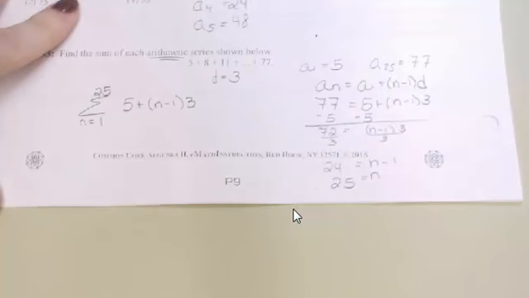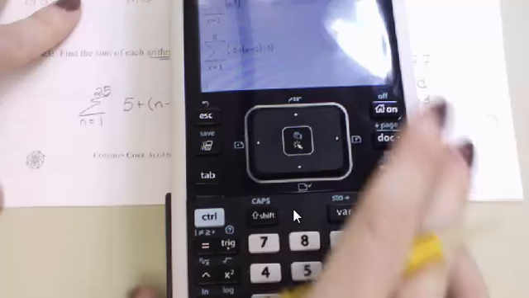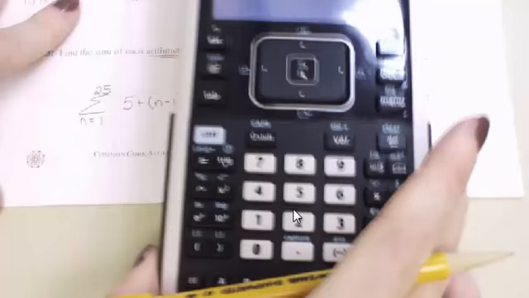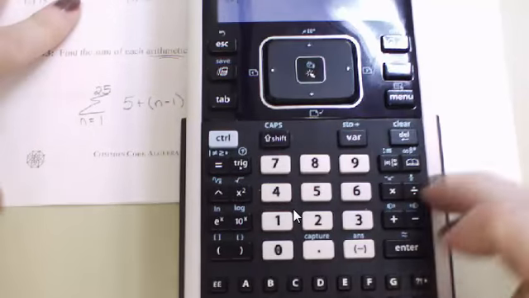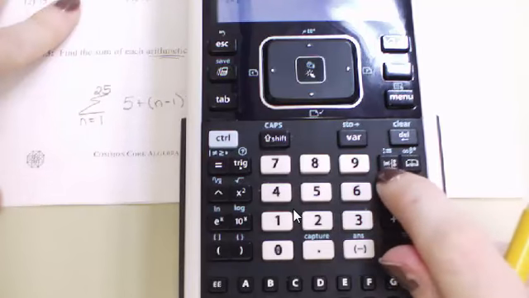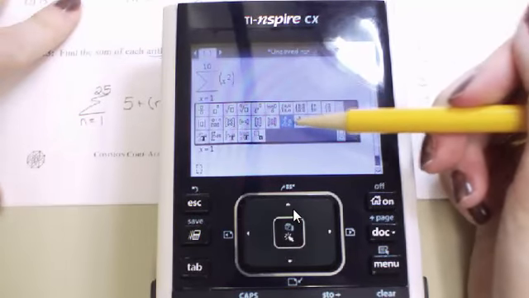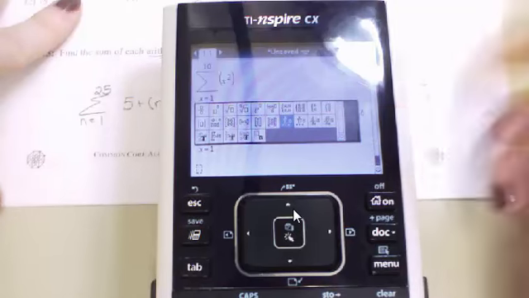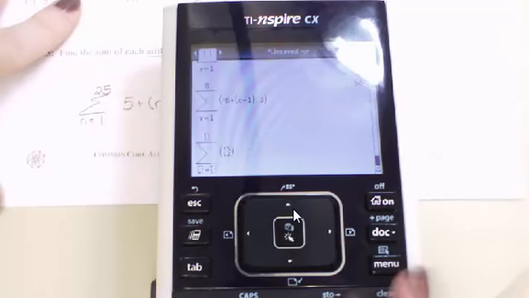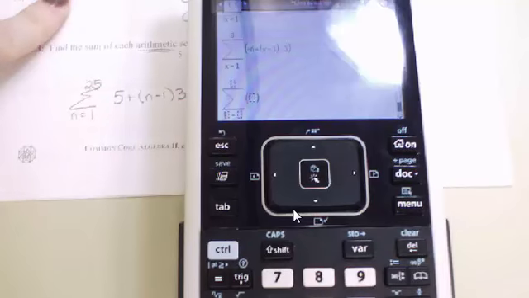Now I could put that in like I've been doing, but I'm going to use the calculator to help me. First you're coming over here to the one that goes from 1 box to 2 boxes, and that pulls up all of the ones you're used to, and you're looking for the summation right there. It's the funky looking sigma. I used n, so I'm going to continue with that.